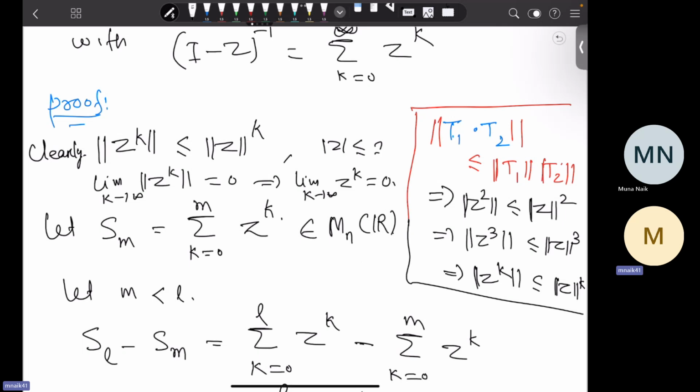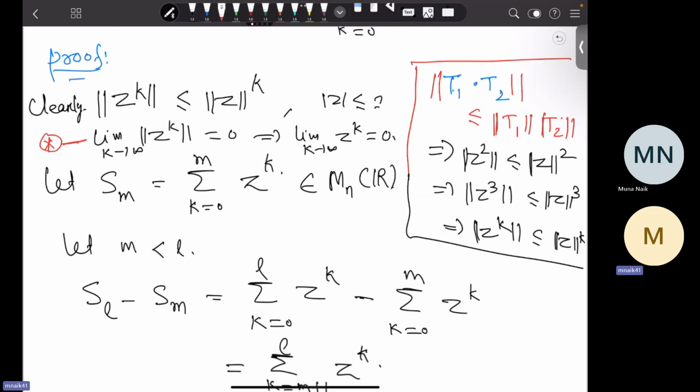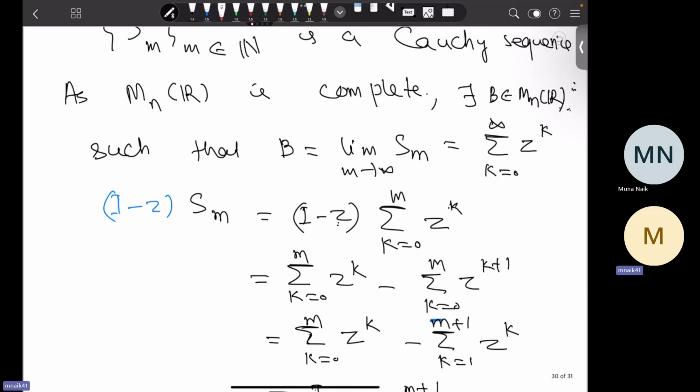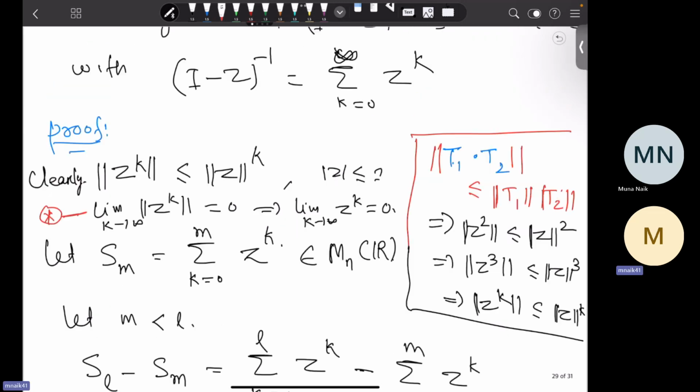So this is star. What I'm saying is that the limit as k tends to infinity of mod z to the power k is equal to 0. This will imply the limit as k tends to infinity of z to the power k is equal to 0.